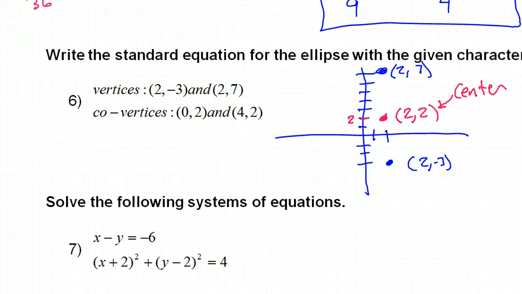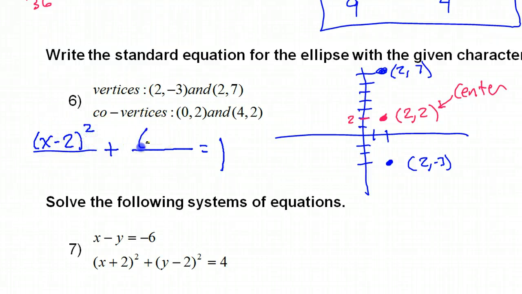That allows me to write the top half of my ellipse equation, doesn't it? Okay, so x and y, we do the opposite. So that means x minus 2 squared and y minus 2 squared. All we need is a squared and b squared. Well, look here. The distance between the center and a vertex, that's going to be my a value.